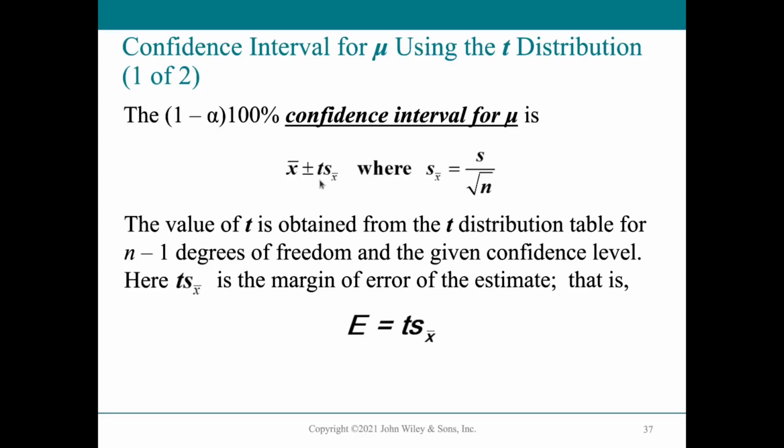The only difference here is that instead of using the Z value, we are going to use the T. And instead of using the normalized population standard deviation sigma, we are going to use the normalized sample standard deviation. When we say normalized, that is the sample standard deviation S divided by the square root of the number of samples. And the value of T again is obtained from our T distribution table.